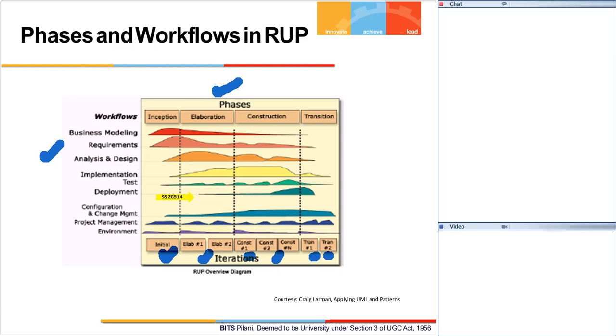So the moment you receive the requirements from the business, try to convert them into a requirement model so that you are able to address the gap between the business and the software as quickly as possible. This is one of the advantages of doing more of business and requirements in the inception itself.